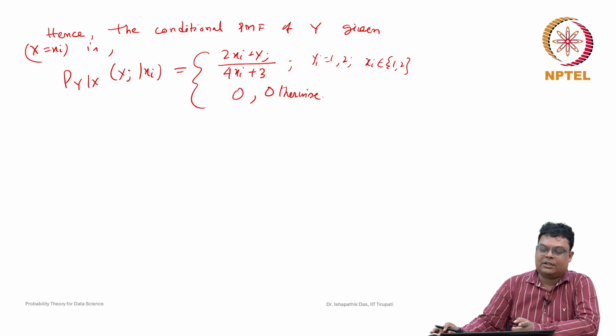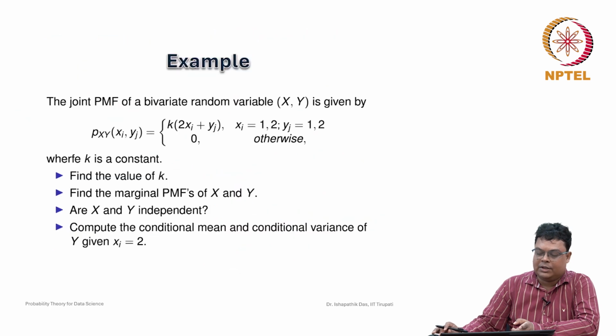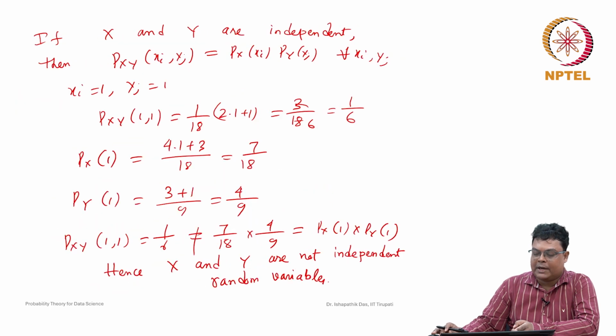Now here it is asked, you have to find the conditional mean. This is the question: compute the conditional mean and conditional variance of y given xi equal to 2. So we will put the particular value xi here.